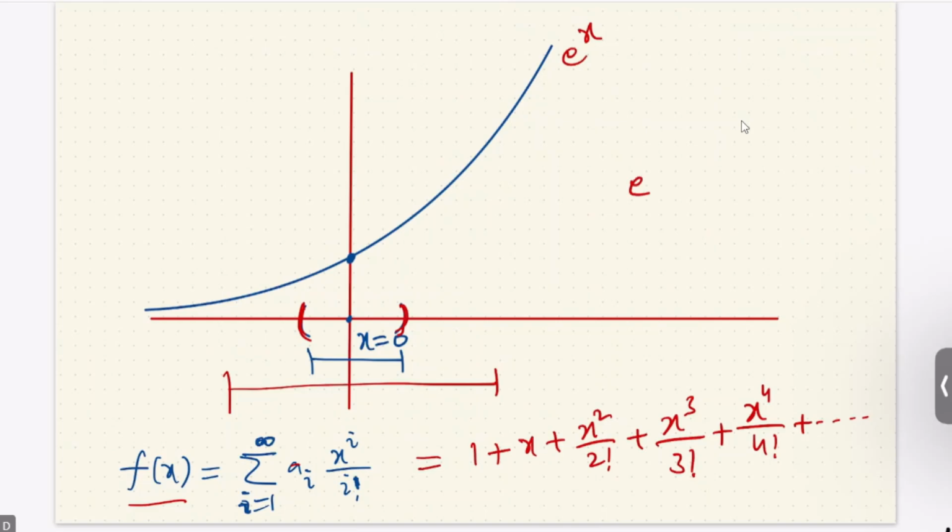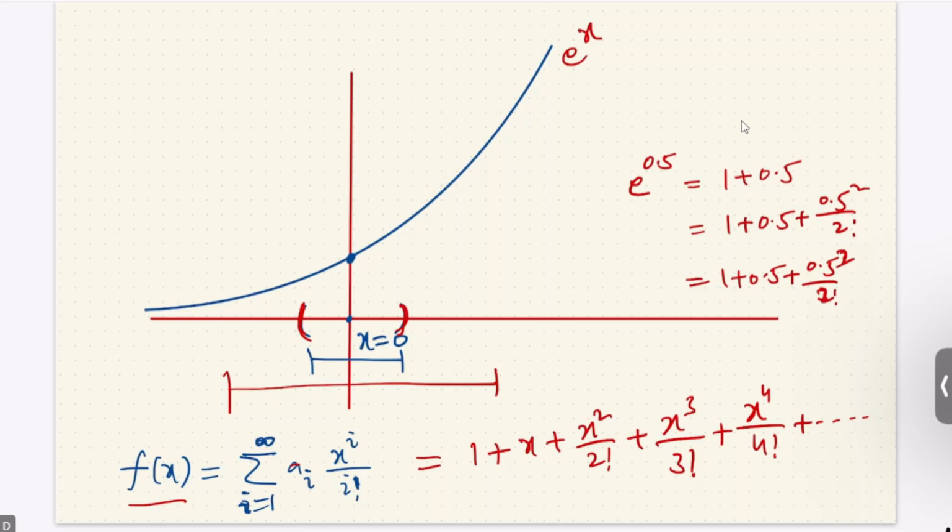Now, if I want e^0.5, I substitute: 1 plus 0.5 plus 0.5 squared by 2 factorial plus 0.5 cubed by 3 factorial. At what point can I stop so that I get the exact e^0.5 value?